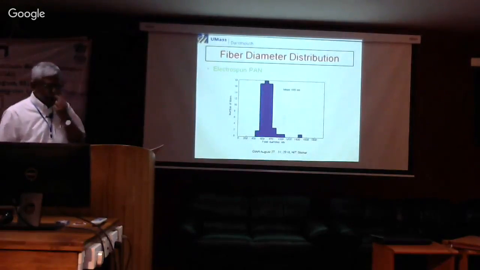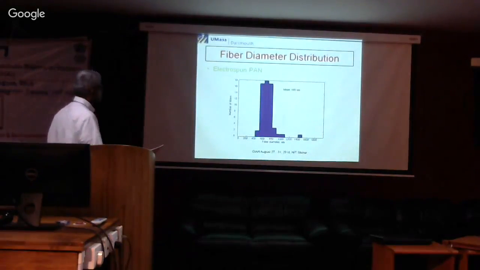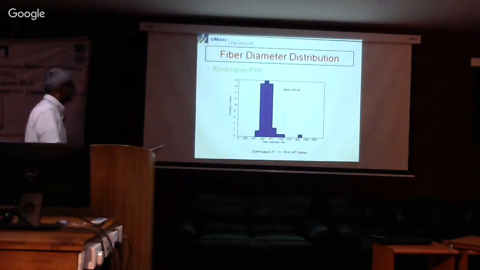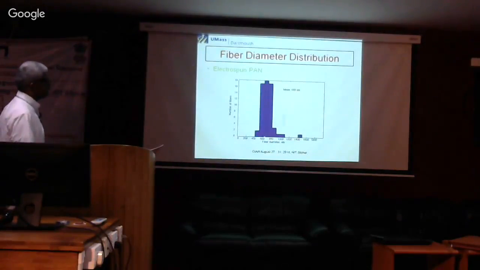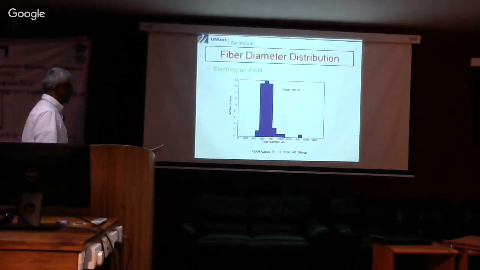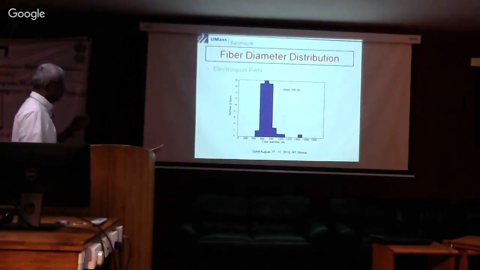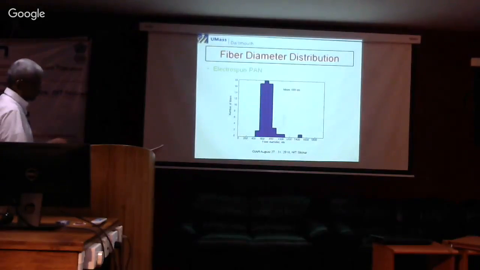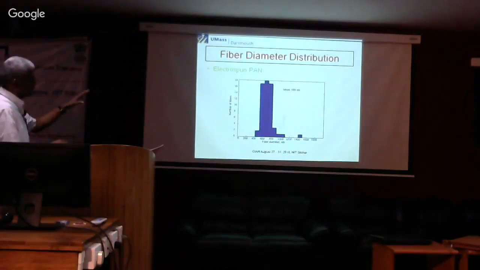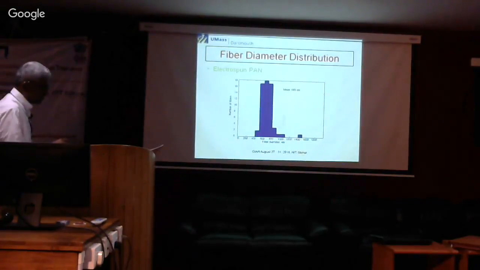And as I was saying before, whenever we deal with electrospun fibers, we get a distribution. So we look at different fibers and we average it out. So when we say diameter of 680, keep in mind that's based on some distribution.